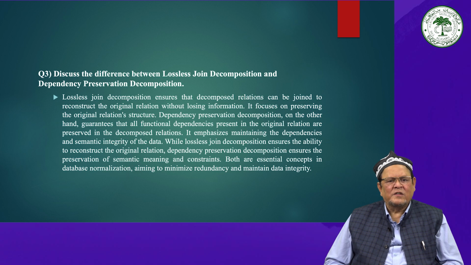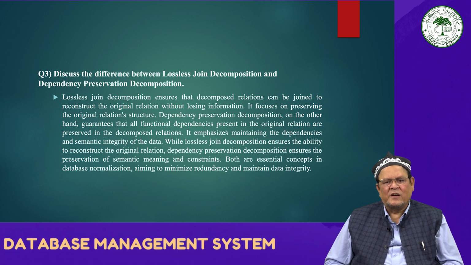The third question was, discuss the difference between lossless decomposition and dependency preserving decomposition. The answer is, lossless join decomposition ensures that decomposed relations can be joined to reconstruct the original relation without losing information. It focuses on preserving the original relation's structure.